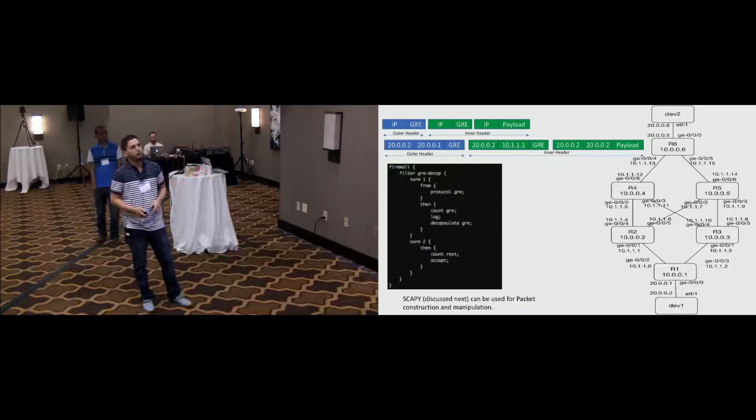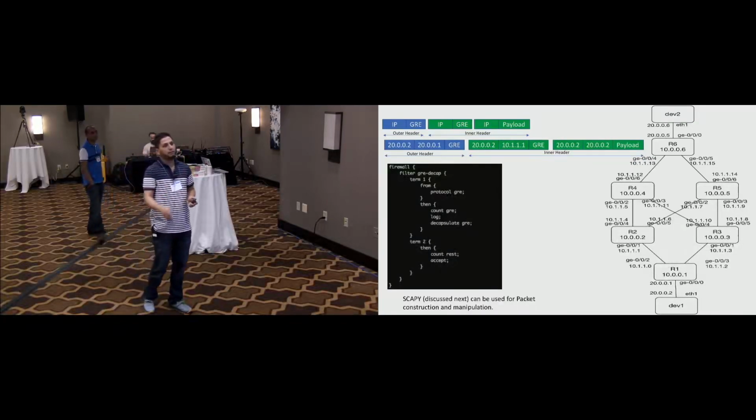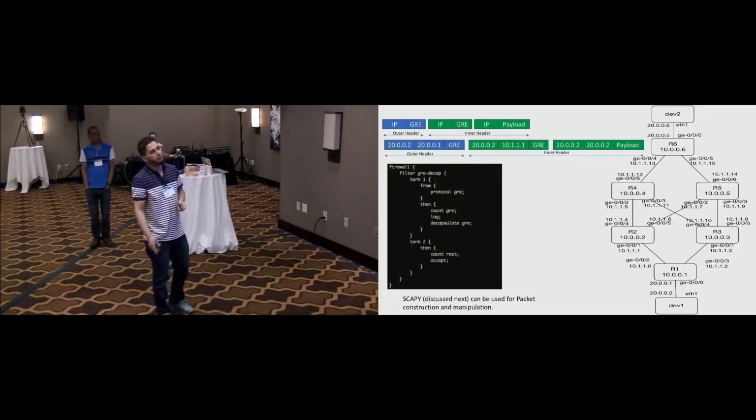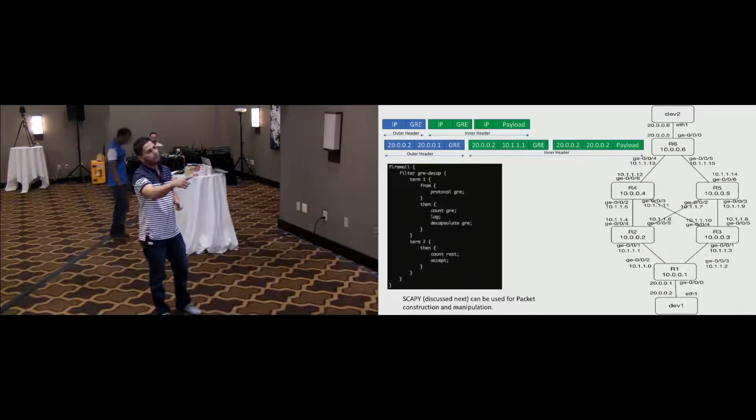If you look, the innermost header has source and destination as the dev1 IP. And if you look at the outer IP header, it has the source still as the dev1 box, but the destination is set to the directly connected interface on R2 and R1.